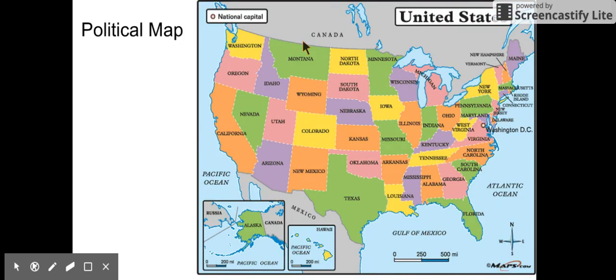Take a look at this political map. What is the title of this political map? The United States. It is in a different corner, the right-hand corner, but it is what this map is all about. It's all about the United States.